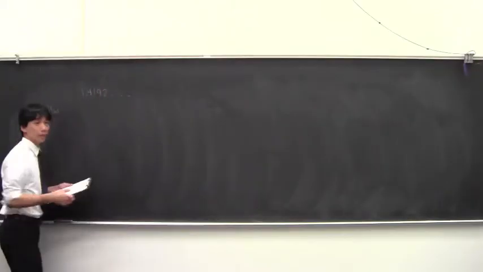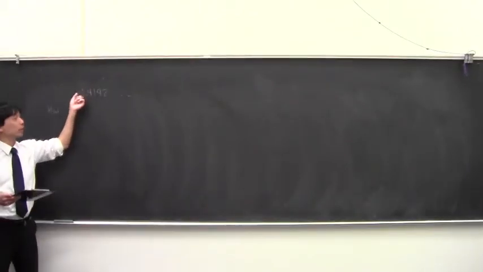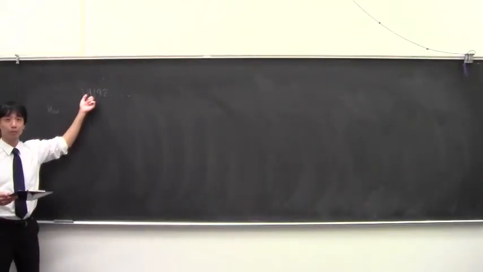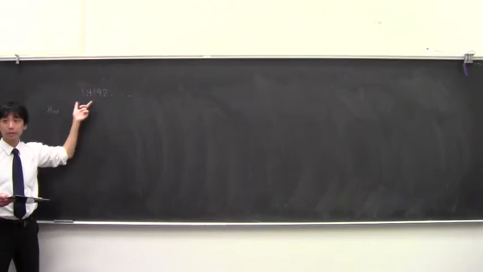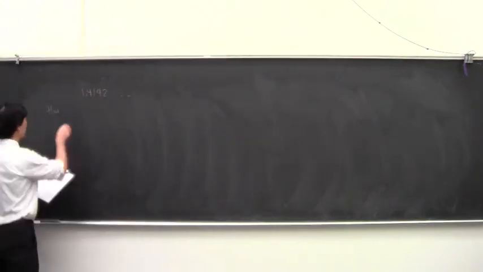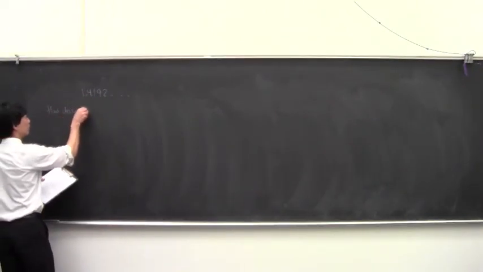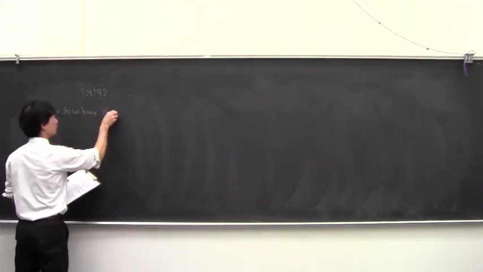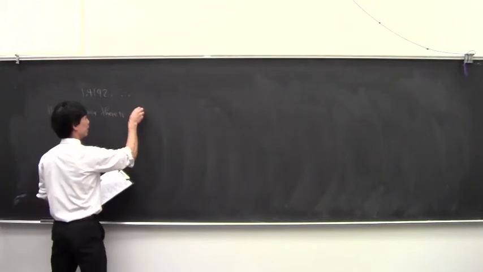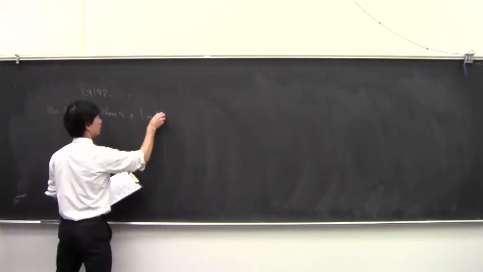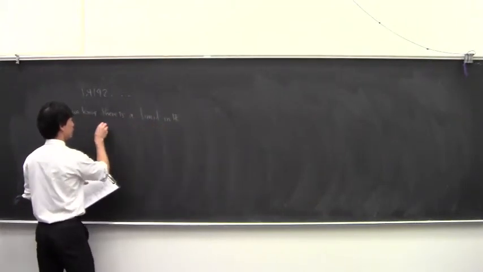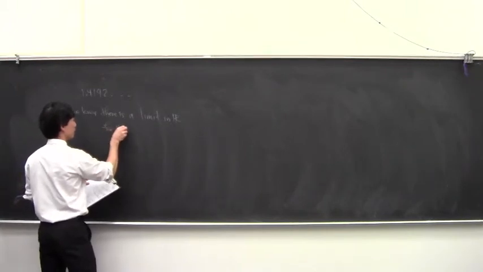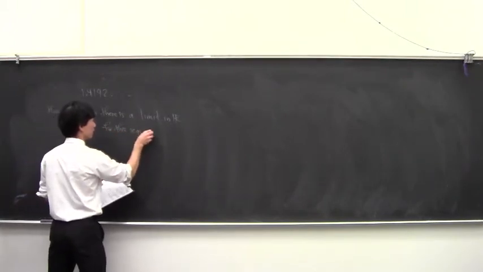Here's the question. Remember earlier we were talking about this sequence of numbers, 1.4, 1.41, 1.4142, etc. How do we know there is a limit in R for this sequence?